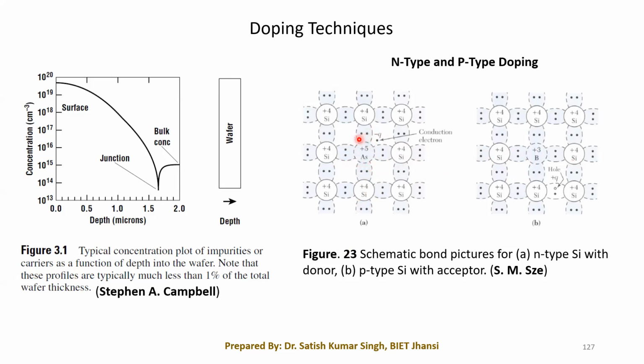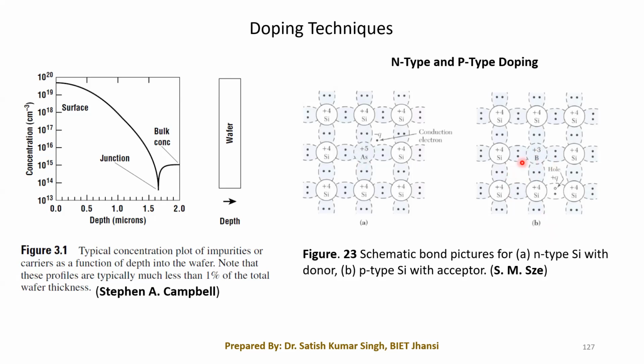If we have not added any dopant, then a silicon atom should be present over here. So this dopant is going to occupy a substitutional site, which is normally occupied by the silicon atoms. Similarly in this case, this boron is also occupying the substitutional site.